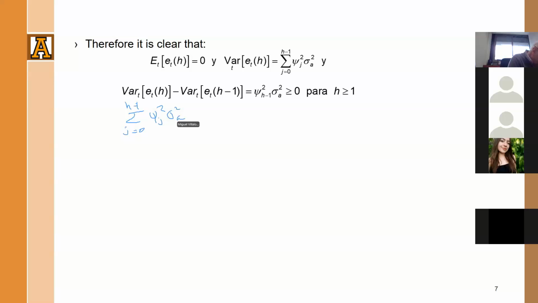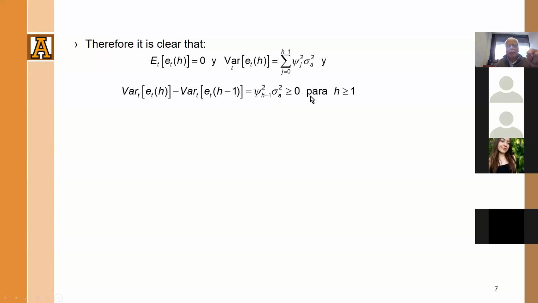And in the other term, the sum from j equals 0 to h minus 2 of psi_j squared sigma squared. So that's equal to psi_{h-1} squared times sigma squared, because all the other terms just cancel themselves, for h greater than or equal to 1.